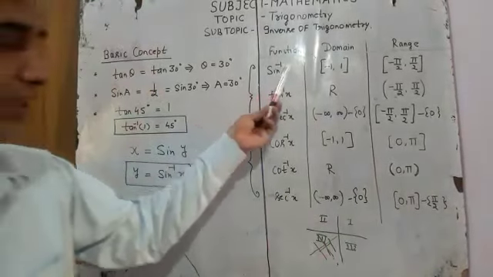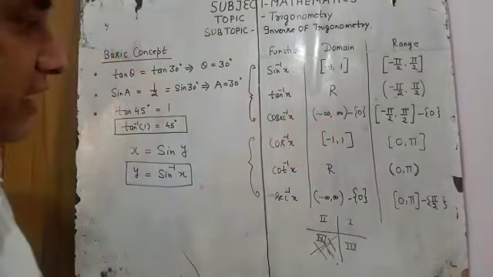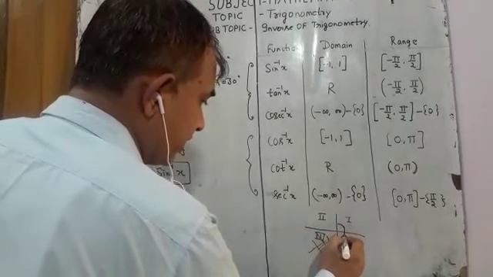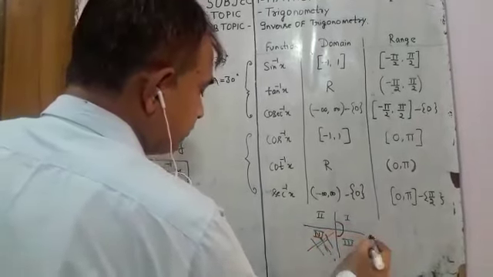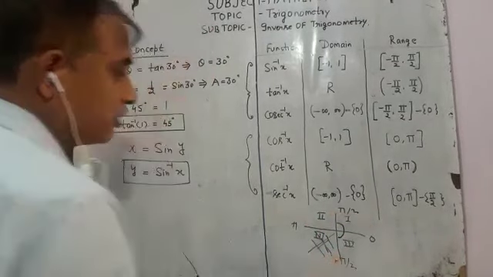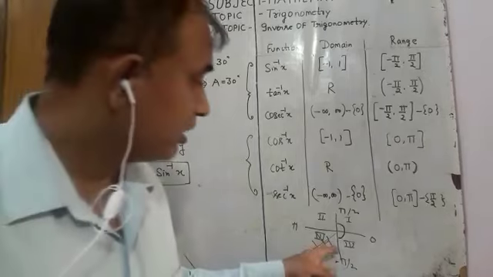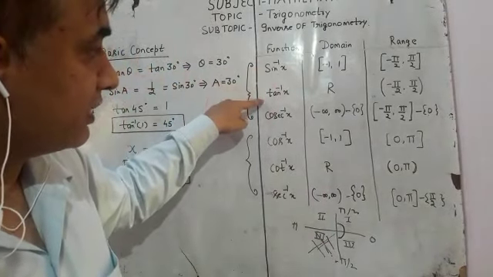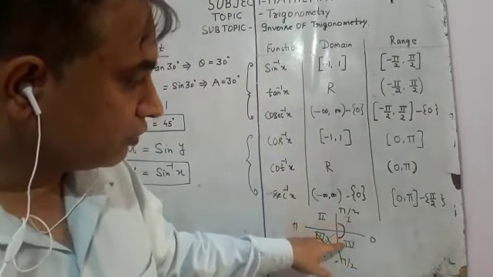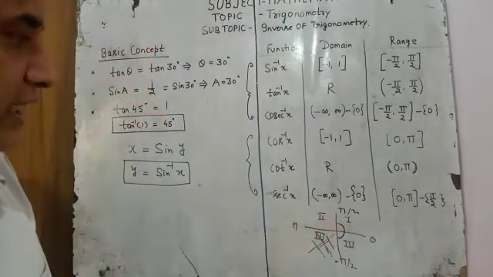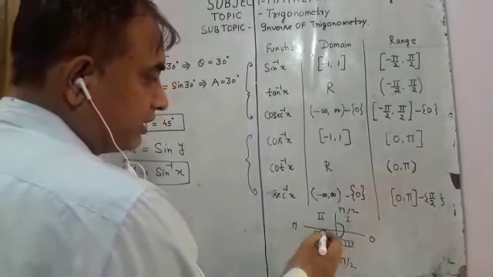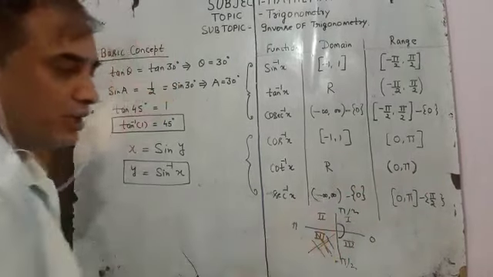If we focus on sin inverse x, tan inverse x and cos inverse x, all the values will lie between the first and fourth quadrant, because we know this is 0, this is pi by 2, this is minus pi by 2. So we have shown that for sin inverse x, tan inverse x and cos inverse x, the range will be from first quadrant to fourth quadrant. If we see the second group, the range from 0 to pi means it lies between the first and second quadrant.